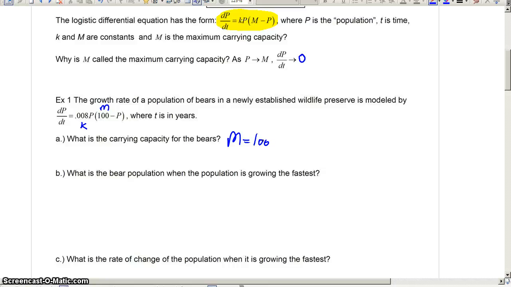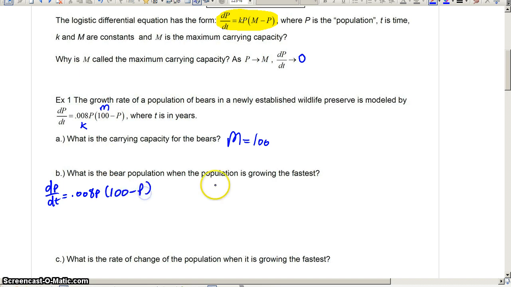Okay, for part B, what is the bear population when the population is growing the fastest? To help us out here, if we look very closely at this differential equation, this dP/dt is written in terms of P, and we'll notice that this right-hand side is a quadratic. dP/dt is equal to 0.008P times (100 minus P).